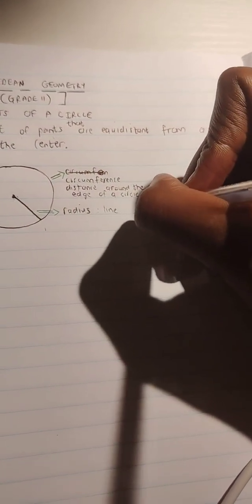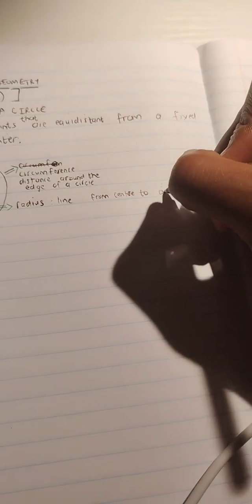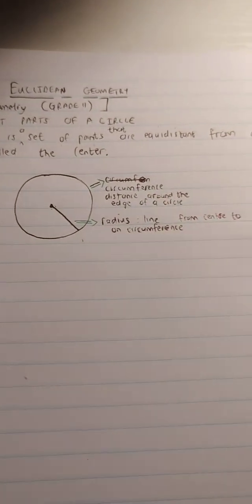It is a line from the center to any point on the circumference. That is the radius.